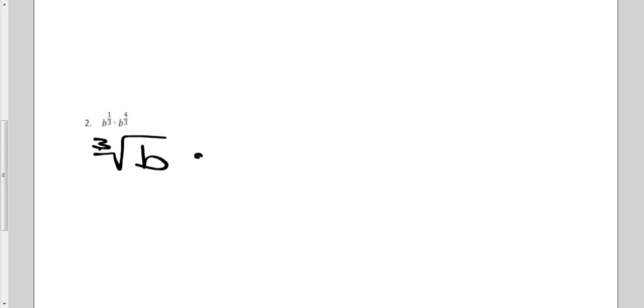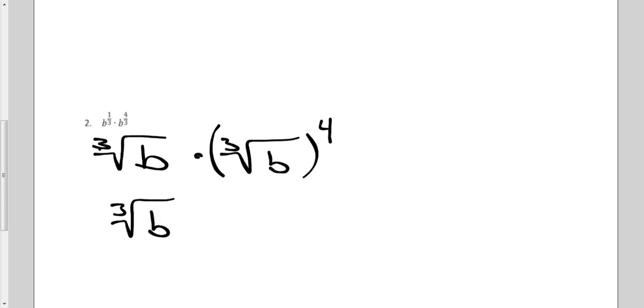Oh, it is the cube root of b to the 4th power. So now I got the cube root of b times the cube root of b to the 4th power, which is really the cube root of b all to the fifth power, right?